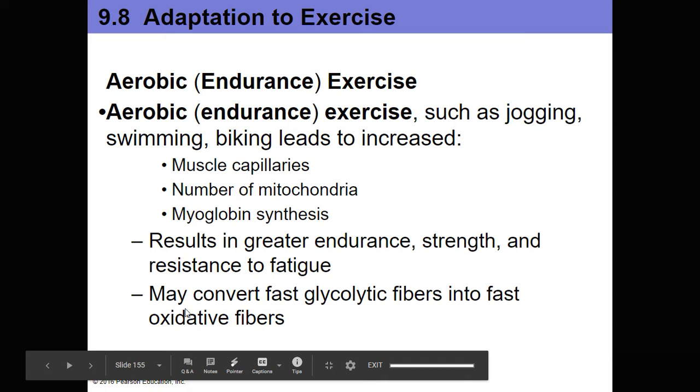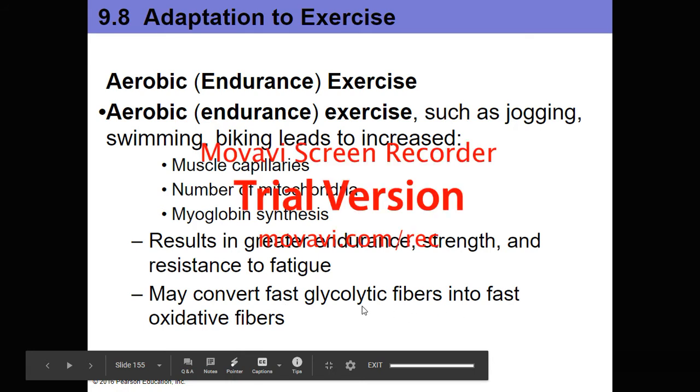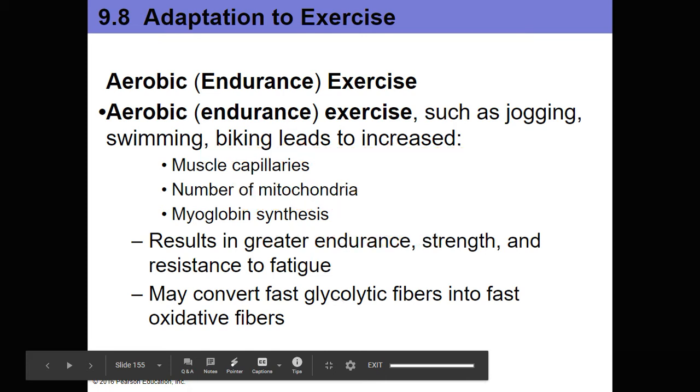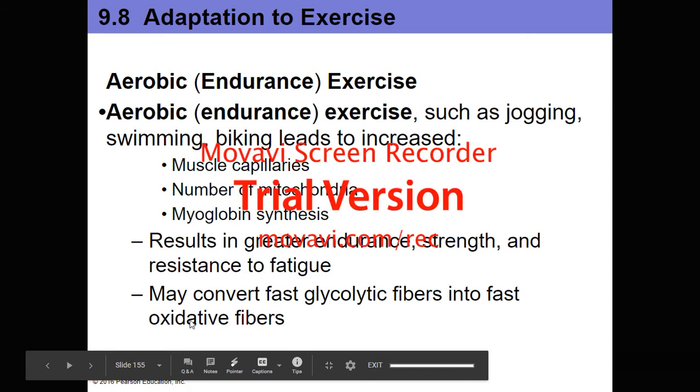Remember, they both start off with fast, which is just how fast they contract. But glycolytic fibers are anaerobic. They depend on glycogen reserves and don't require oxygen for ATP generation, whereas the oxidative fibers rely on oxygen for ATP generation.